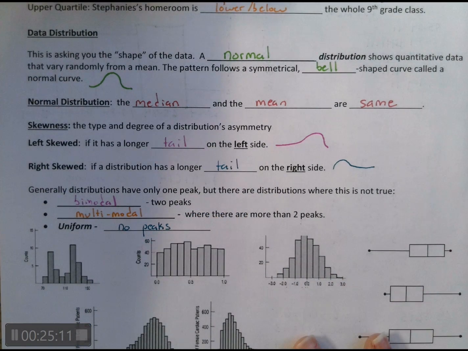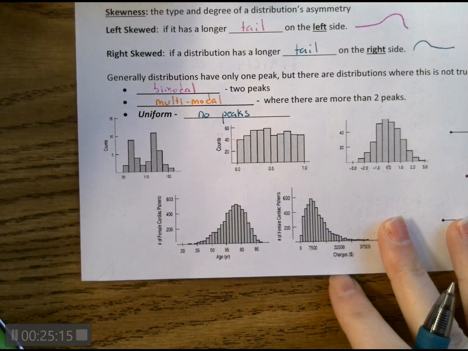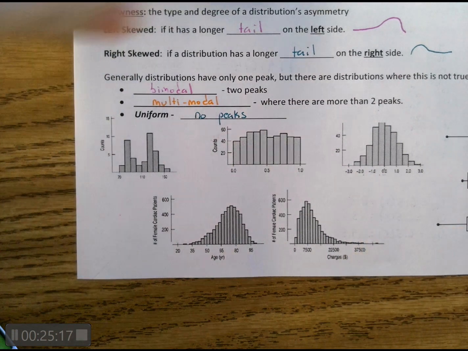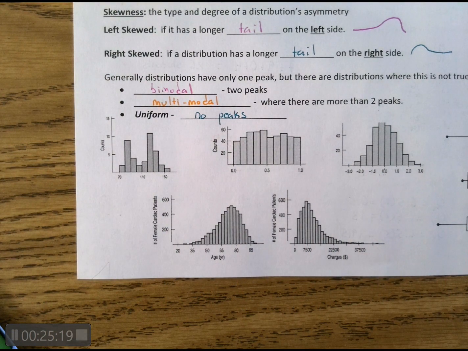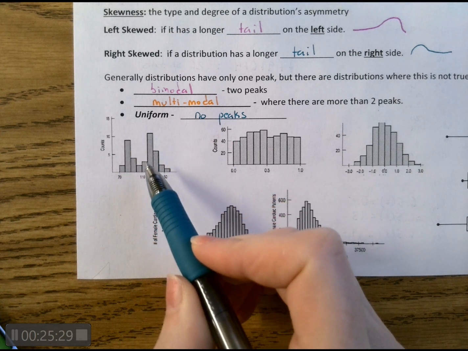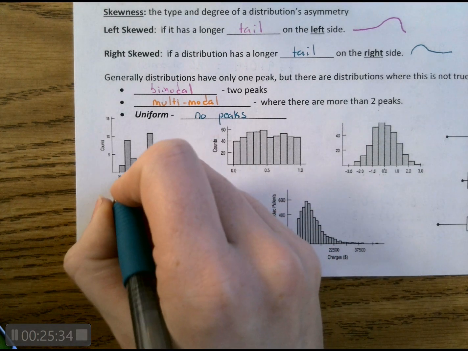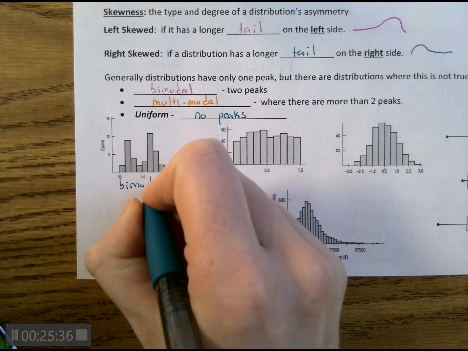Alrighty. Okay, so then let's try to look at our histograms first, and we're going to determine the first 3, if they are bimodal, multimodal, nomodal, or if they are normal. Okay? So for this first one, just create humps. You would have 1 hump and 2 hump. So this one is going to be bimodal.